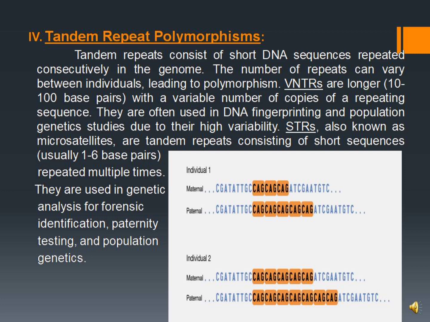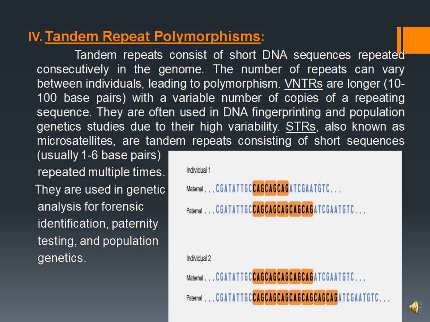The number of repeats can vary between individuals, leading to polymorphism. There are two main types of tandem repeat polymorphism: VNTRs and STRs, variable number of tandem repeats and short tandem repeats. VNTRs are longer, meaning they consist of 10 to 100 base pairs with a variable number of copies of a repeating sequence.